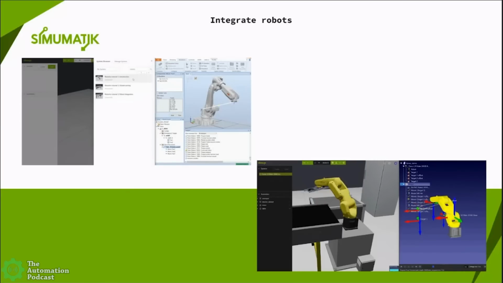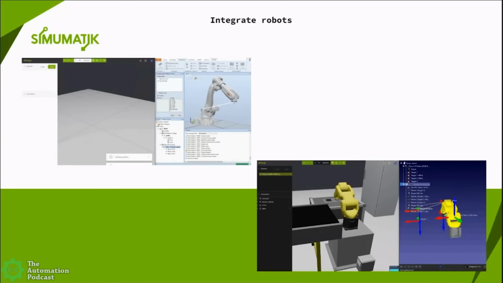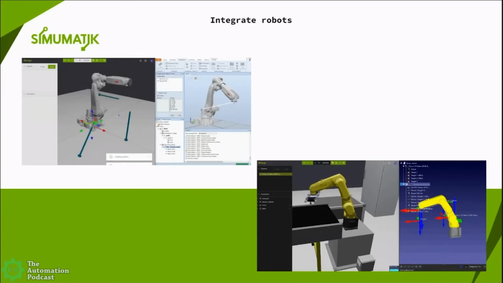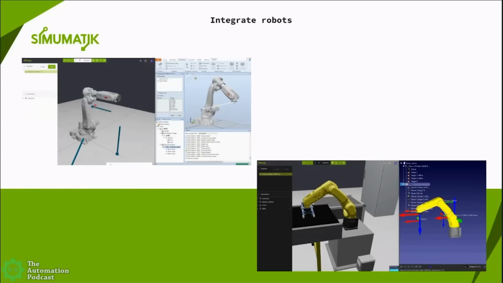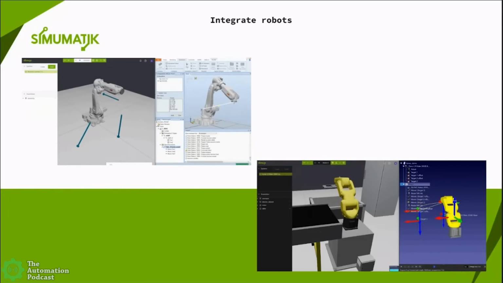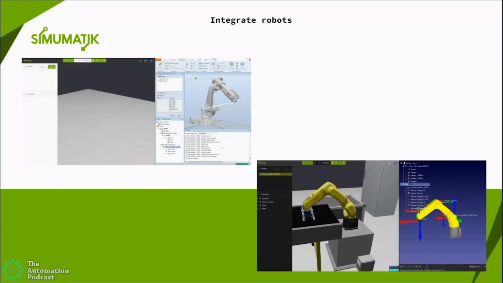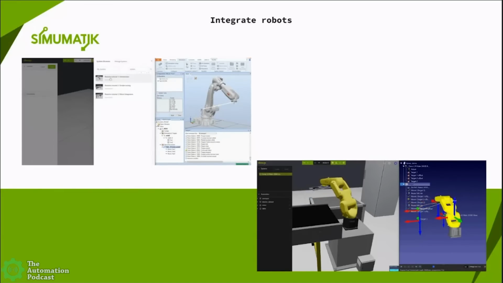So what we are seeing on the screen is, on the left side, ABB's Robot Studio, and on the right side, RoboDK and a Fanuc robot. Actually, in Simumatic, you can have a system where you have both an ABB robot and a Fanuc robot interacting with each other, something that you cannot do in either of those Fanuc or ABB software.